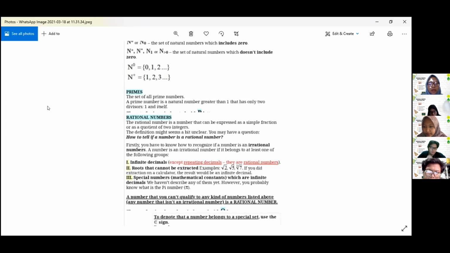Yeah, because the special set already has the exact members. Okay, thank you. I'm so sorry if there are any faults in my questions.